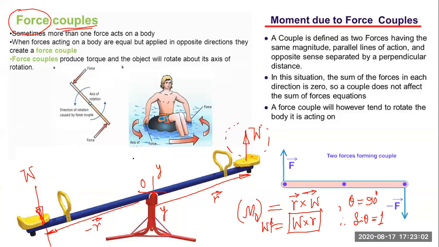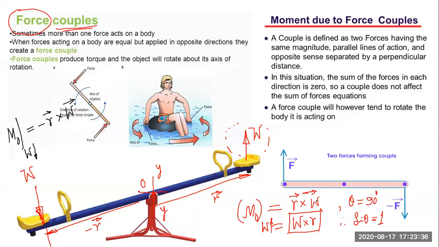Due to the force W downward, there is another moment about point O. The moment about point O due to the reversed weight W is again R cross W, but here it is minus R, so minus R cross W. Now here this W is downward.